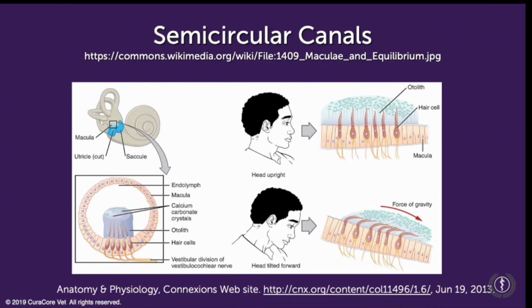And because of that, with changes in position, there can be very significant dizziness and vertigo, even some nystagmus and some problems like that. And there are procedures in the physical therapy field where we can put the patient through certain positions and help move those calcium carbonate crystals back out of the semicircular canal and into the utricle where it belongs.